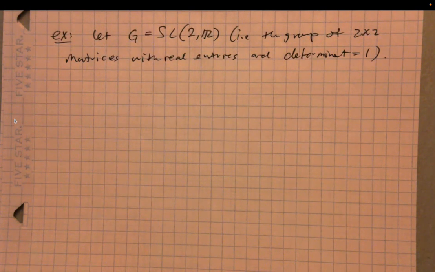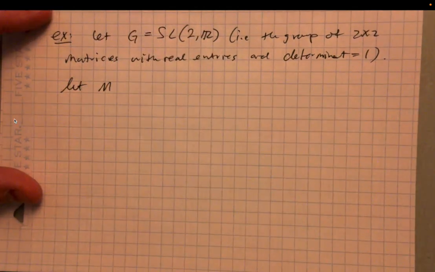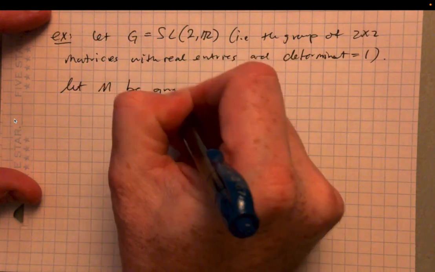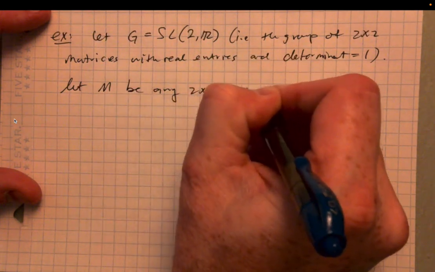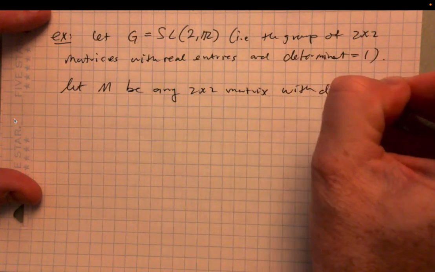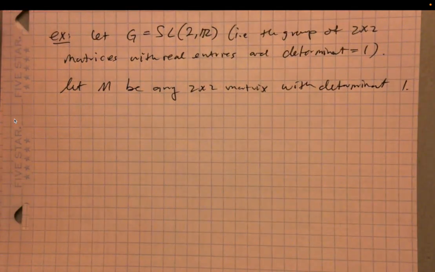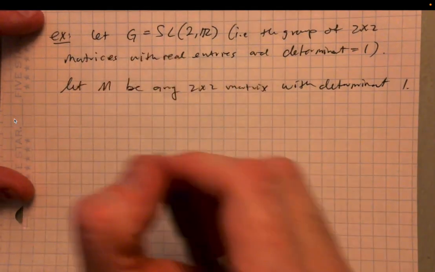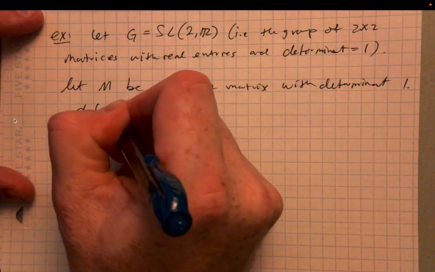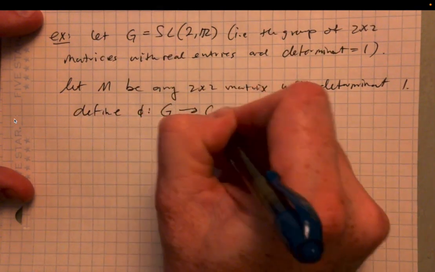Okay, and we're going to let M be any 2 by 2 matrix with determinant 1. And we're going to define a mapping. We're going to define a phi from G to G, right?